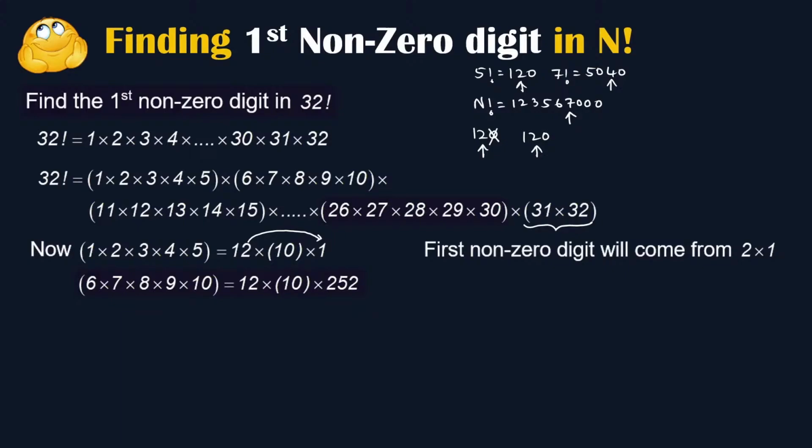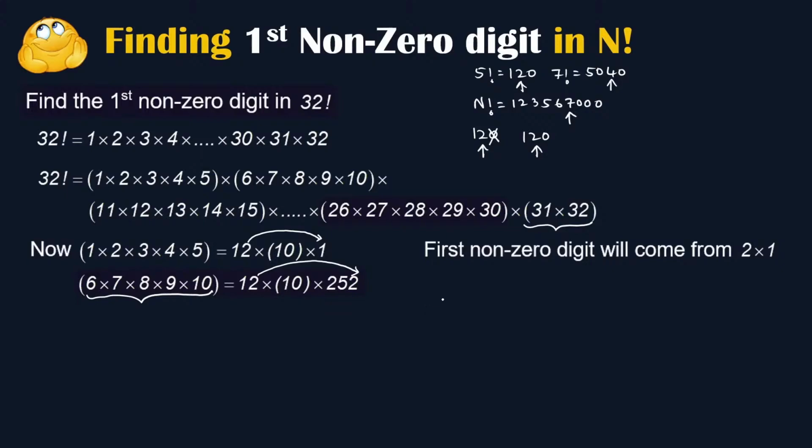That's it. Is it clear? So the first non-zero digit will come when 2 is multiplied with 2. Am I correct or not? When 2 is multiplied with 2, forget about that 0. That is the last term when 12 is multiplied with 252, and which eventually is the first non-zero digit of these digits when multiplied together.